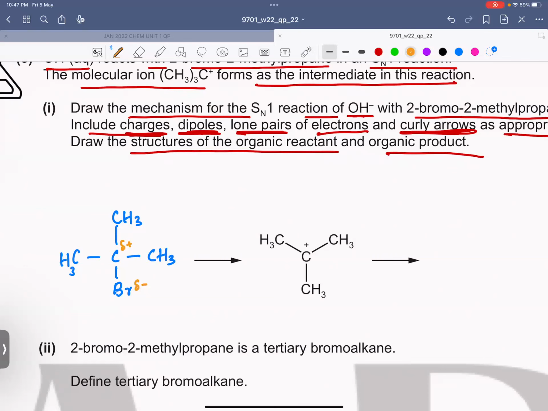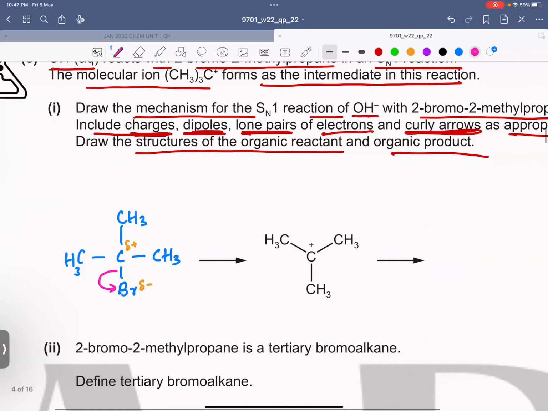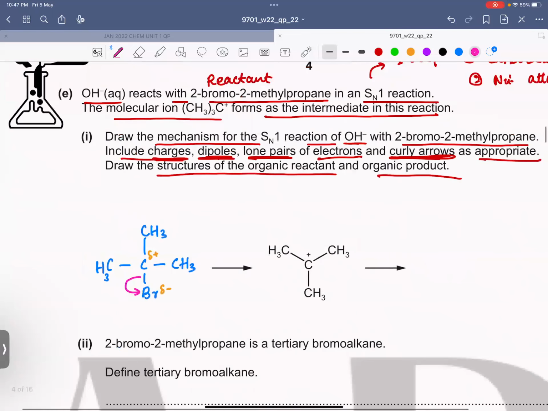Then, as a carbocation is formed over here, the carbon has a positive charge, which indicates that the carbon basically lost its electron to the bromine. So bromine breaks this bond heterolytically by taking away the bond pair of electrons. As a result, it took away the electron of the carbon. That's why the carbon becomes positively charged. Is this understandable to everyone?